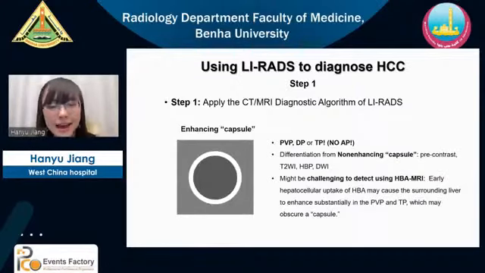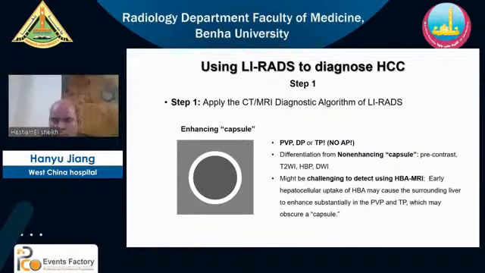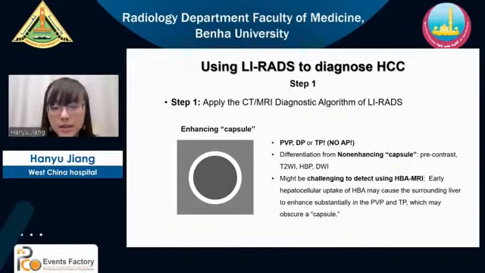Let's move to enhancing capsule. Enhancing capsule is a major imaging feature usually evaluated on portovenous phase, delayed phase, or transitional phase images. Do not evaluate this feature on the arterial phase images. It's important to differentiate this feature from non-enhancing capsule, which is frequently evaluated on the pre-contrast T2-weighted, HBP, or diffusion-weighted images.